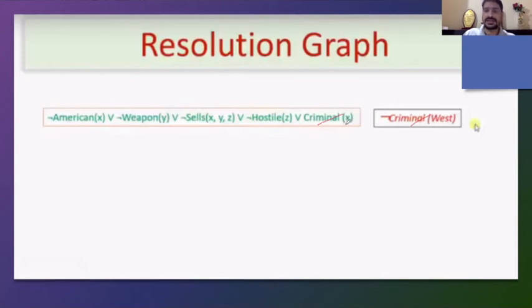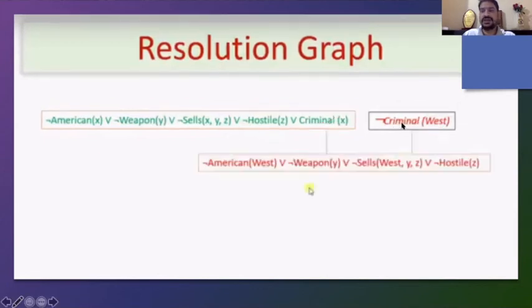Unification means this x could be converted into West. So after applying the unit resolution and unification, we get this. Whenever we get x, we convert it into West. And here also this x will be converted into West, and the criminal literal has been omitted by the unit resolution. So this is the clause that we get.